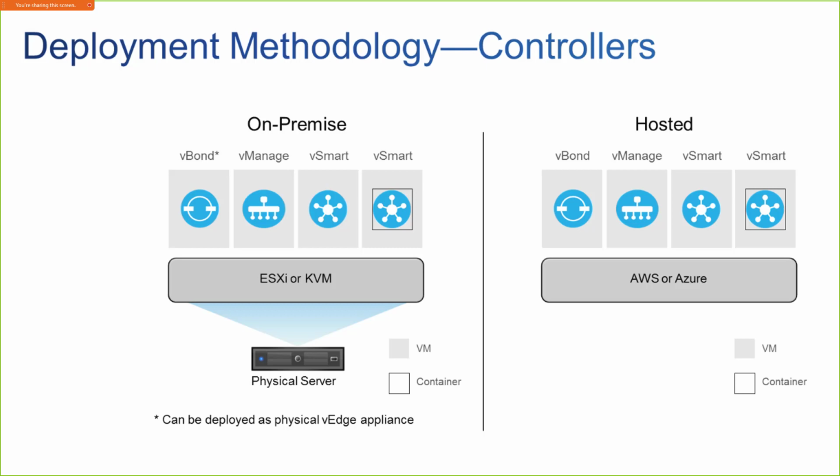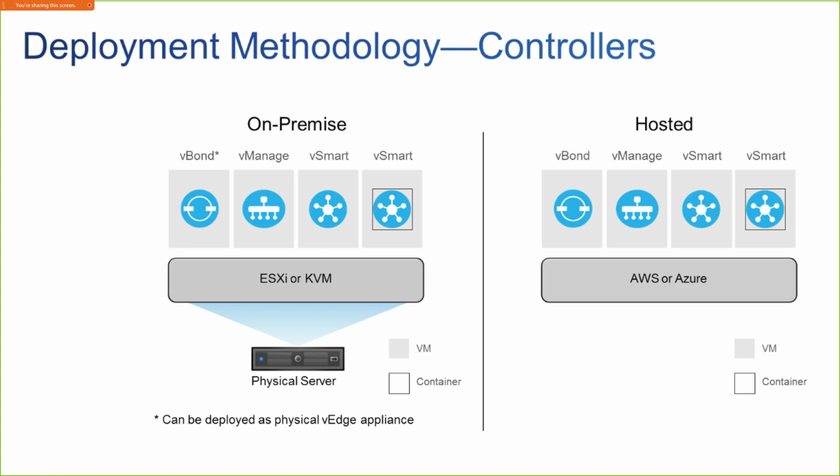This is the NMS, the vBond, the vSmart controllers, all of this stuff, the vManage, vBond, and vSmart controllers. They're all going to run on virtual machines in your network, and whether you decide to deploy them on-premise or hosted really depends on what your overall environment is.